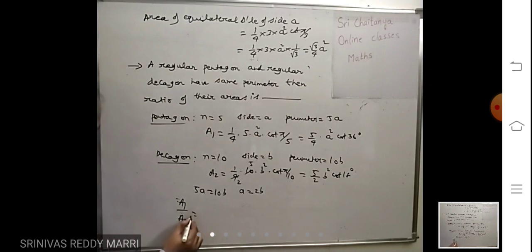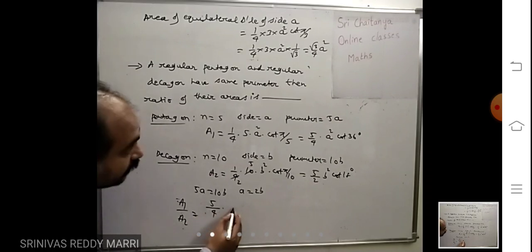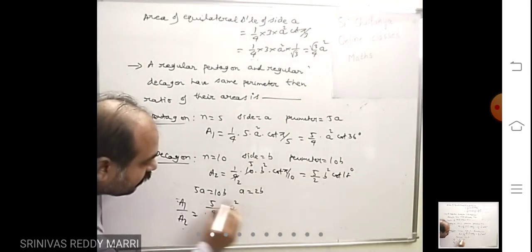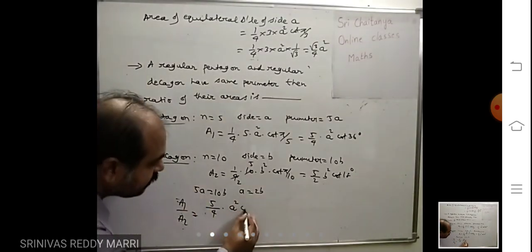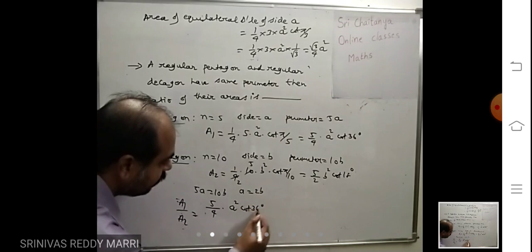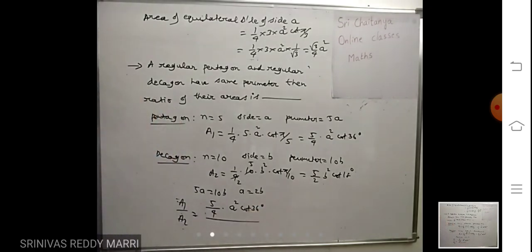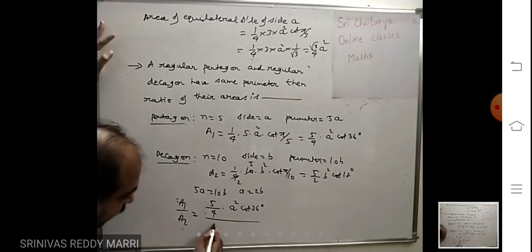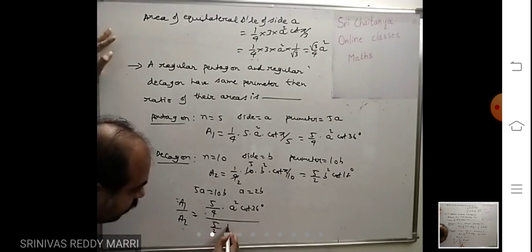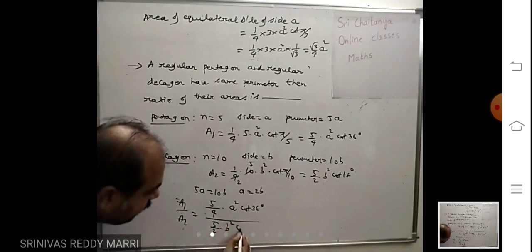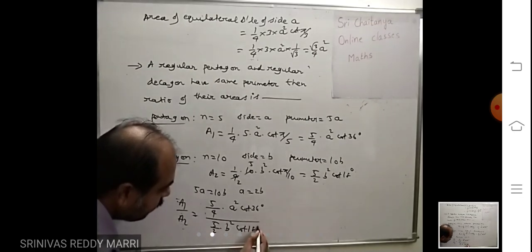Now he is asking to calculate A1 by A2. Therefore, this is nothing but 5 by 4 into a square cot 36 degree divided by 5 by 2 into b square cot 18 degree.